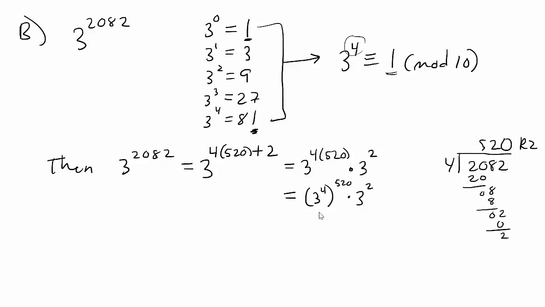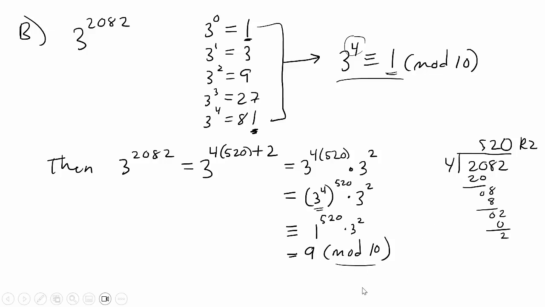Now I'm going to reduce this part using this congruence. So I'm going to switch the notation to 1 to the 520th times 3 squared. Well, 1 to any power is just 1, and then 3 squared is 9, which I can't break down any further. Mod 10, right? Mod 10.